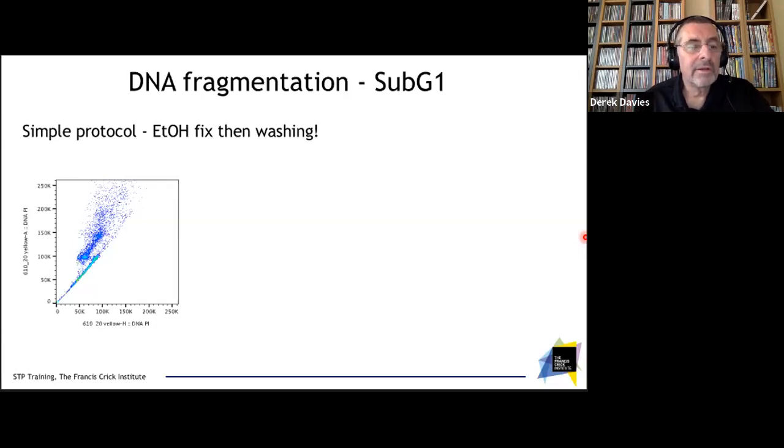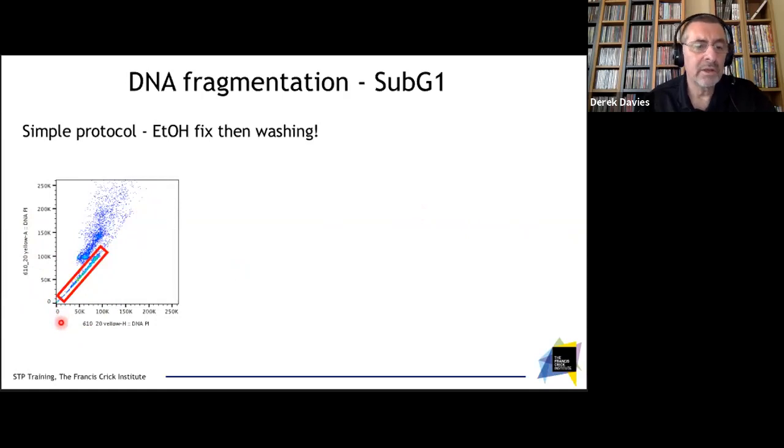So just a couple of things to be cautious about here. When we do our gating, remember we always try to exclude doublets in DNA analysis, and we do that generally on the basis of the height and the area of our DNA signal. Single cells will fall up the diagonal, and normally I would put my region approximately here. But because I'm looking for cells that have fragmented DNA, I have to make sure that my gate here is extended almost to the origin.